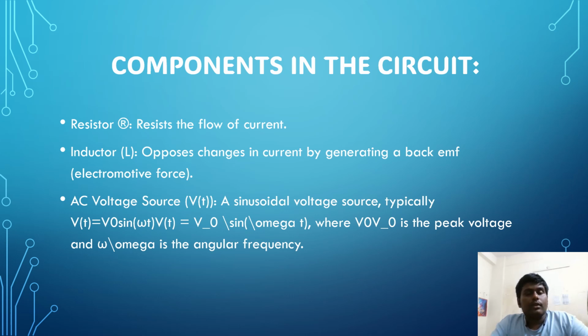We particularly specify a sinusoidal voltage source, whose value changes from time to time, and we can say v of t equals v naught sine of omega t, where v naught is the maximum voltage supplied by the AC source, omega is the angular frequency, and t is time, which is varying.